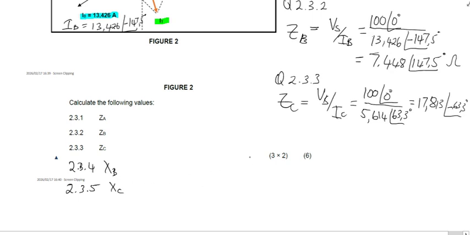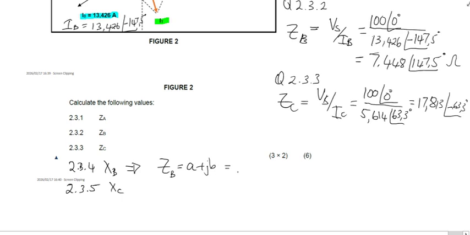Okay, so remember, for this to happen, we need to convert ZB into the form a plus jb, which is the rectangular form.